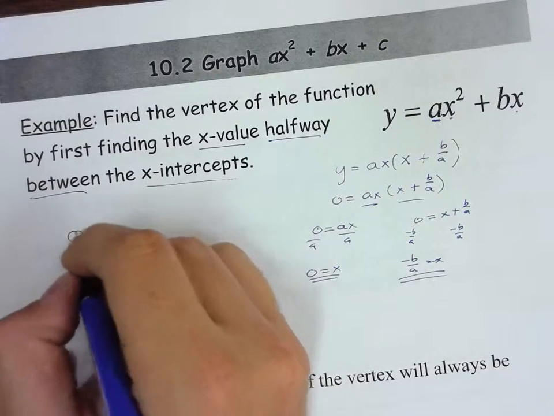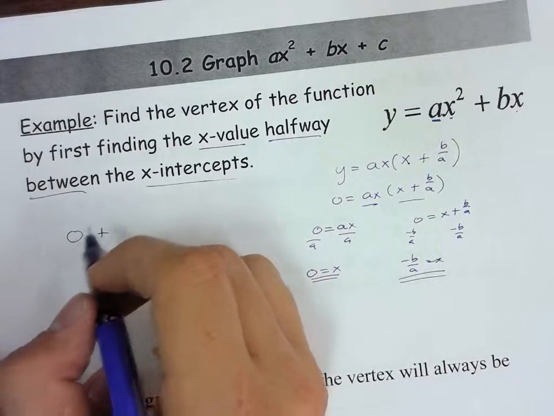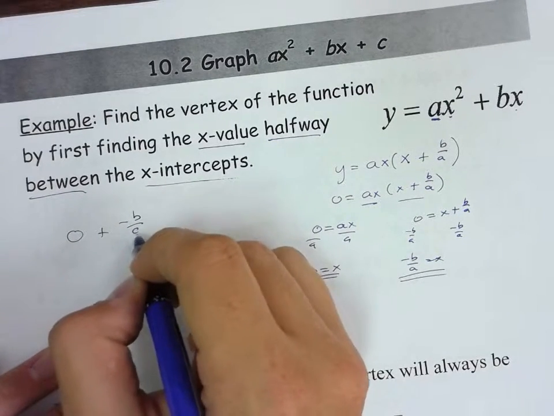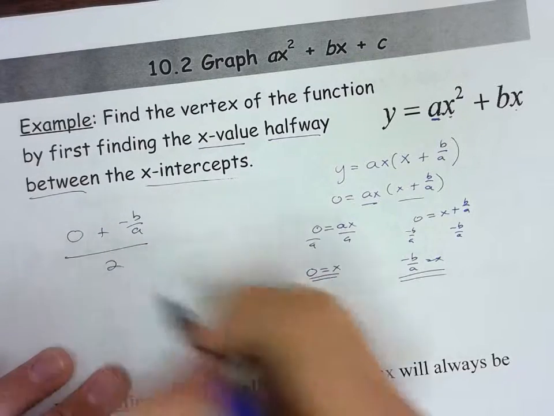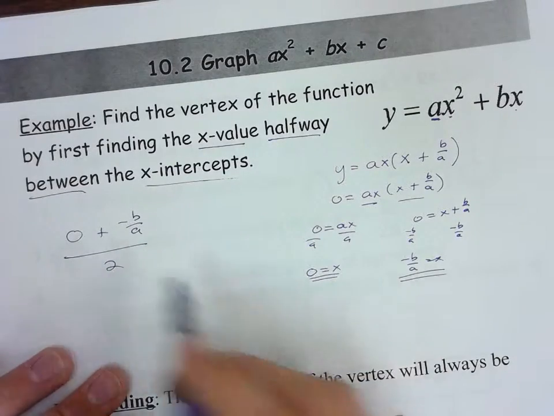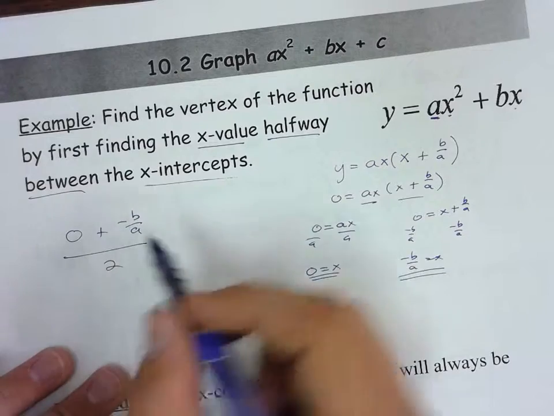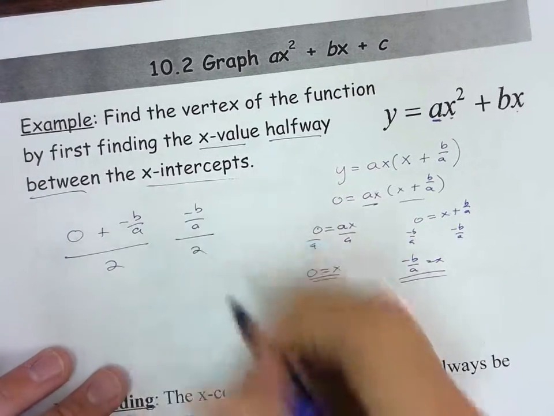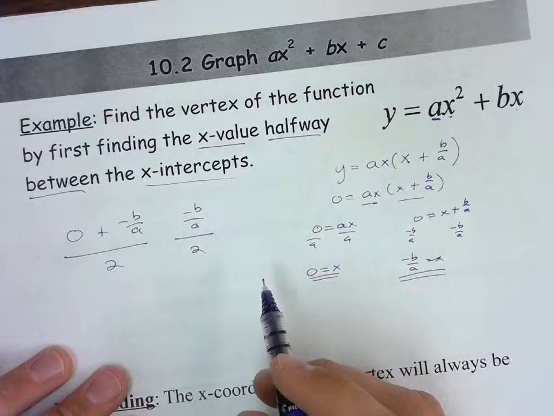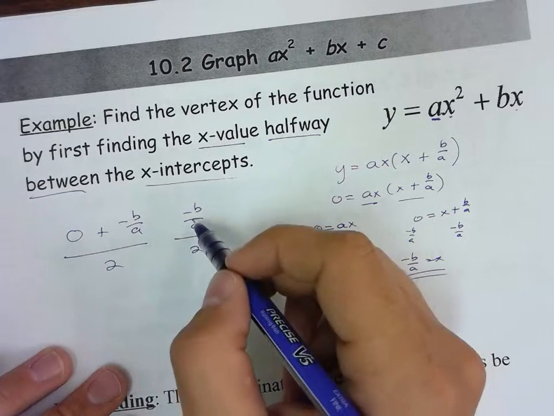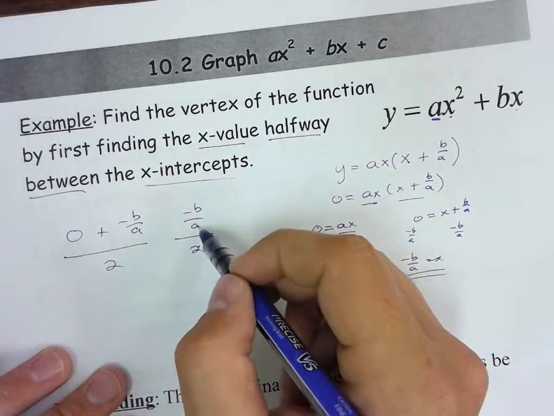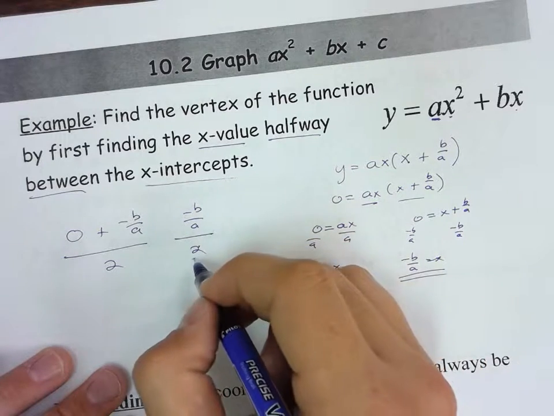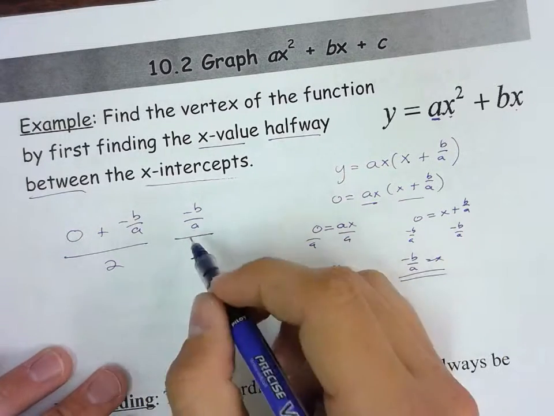So I'm going to add 0 plus negative b over a and divide that by 2. Well, 0 plus anything doesn't matter, right? So that's just negative b over a divided by 2. If I'm going to divide something by something else, this could just be in the denominator. And here I'll show you why again. That's 2 over 1.